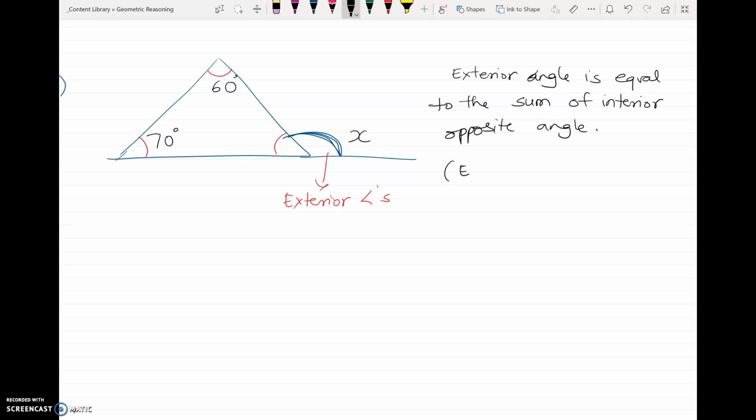So we can write in short as EXT, exterior angle equals the sum of interior opposite angles.